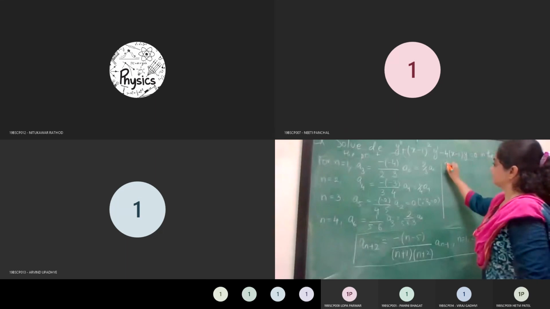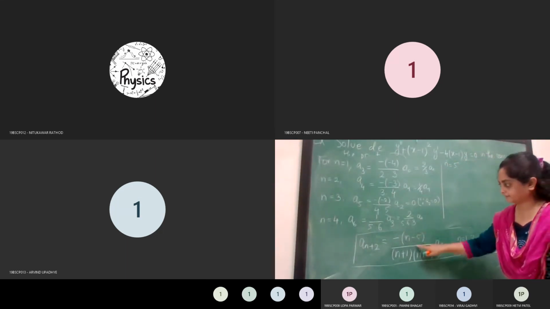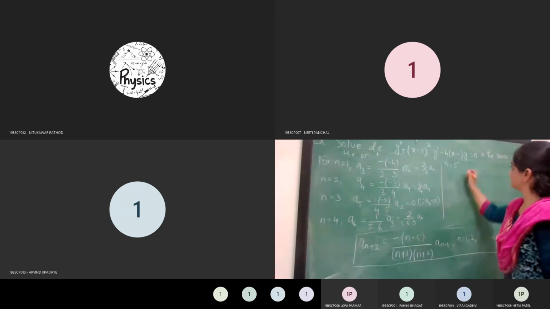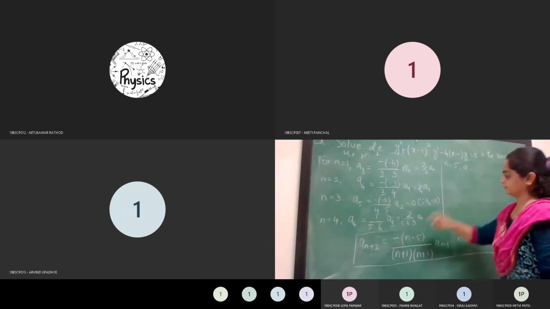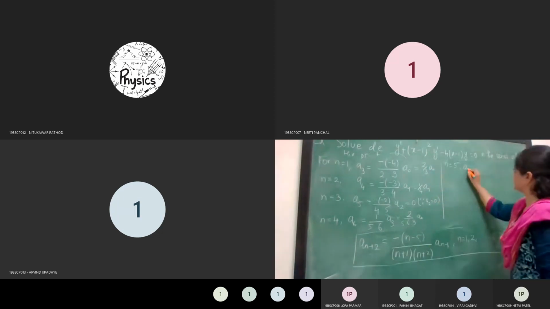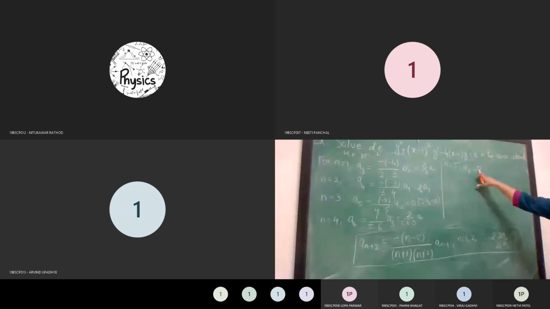When we consider n is equal to 5, the numerator will be gone, 5 minus 5. So in that case, n is equal to 5 means we are computing a7. So a7, I am directly writing, will be 0.